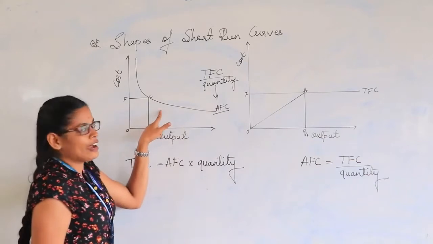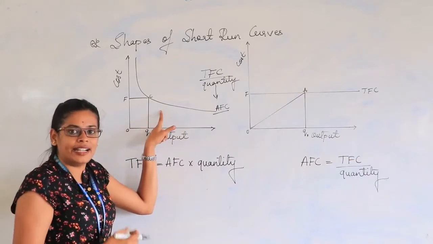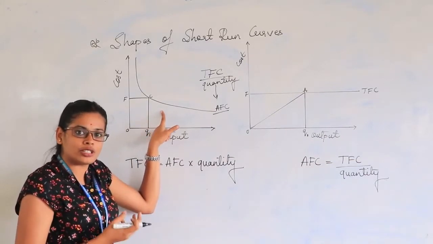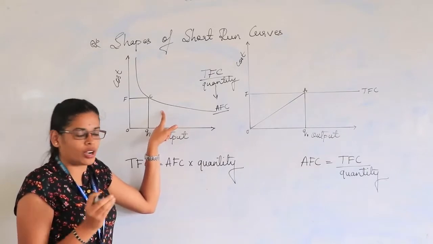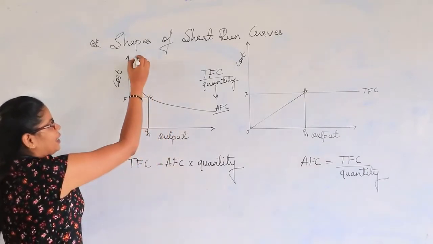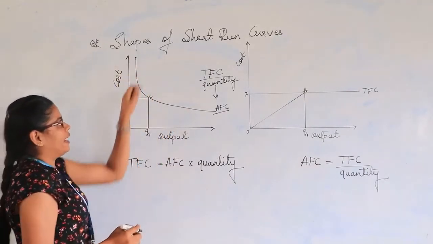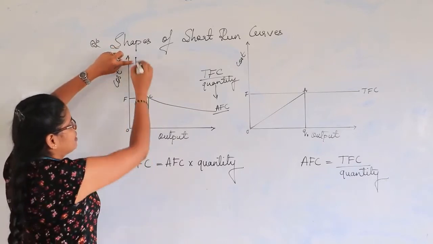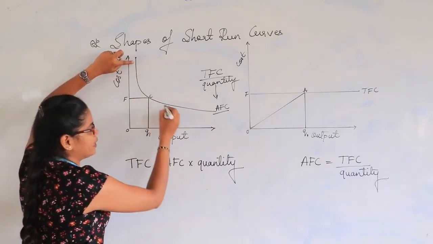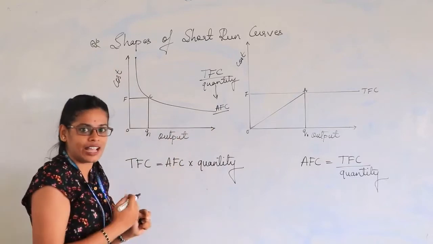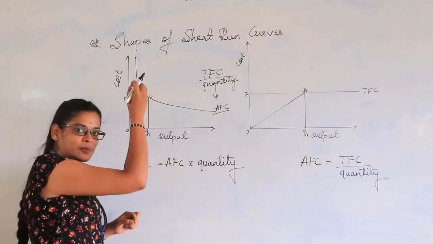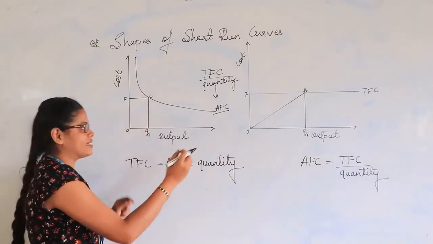This graph tells us the trend of how the average fixed cost behaves throughout the short run. From this point you can see it has gradually started decreasing.